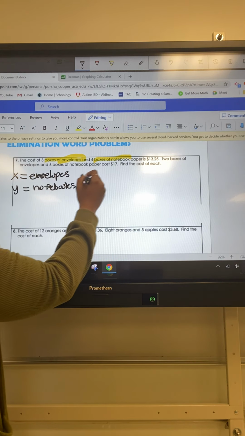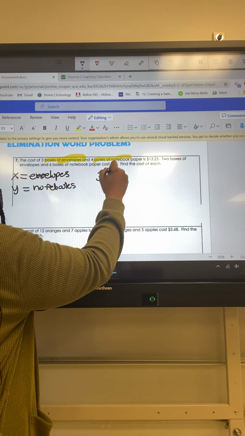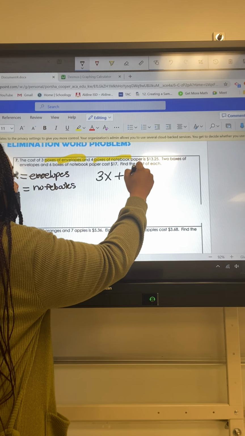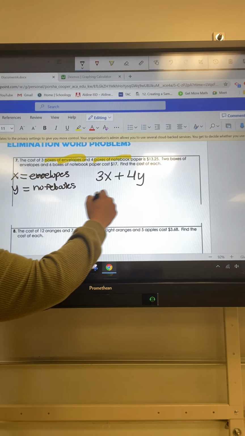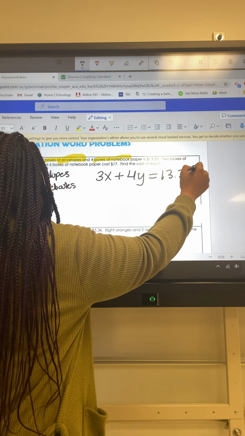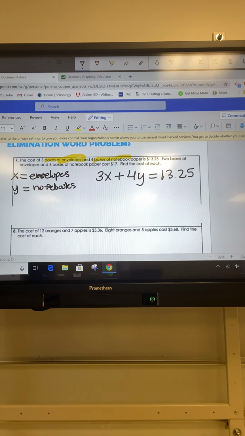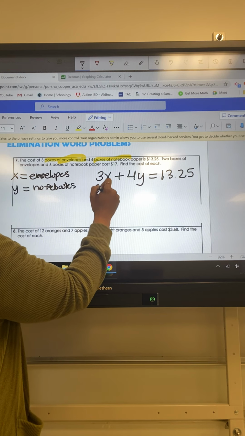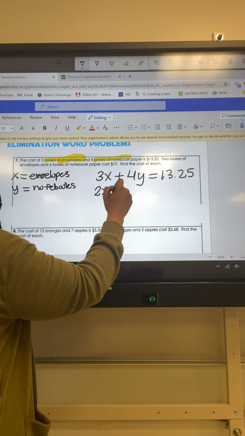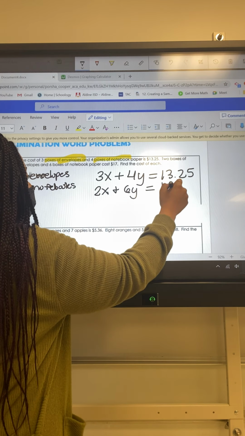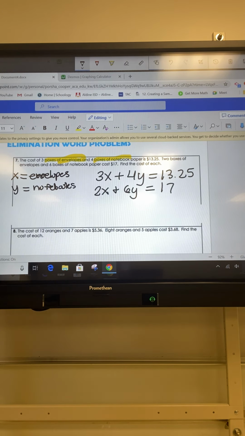So 3 envelopes, that's going to be 3x, and adding 4 boxes of notebooks is going to be $13.25. But if you buy 2 envelopes, so 2x, and 6 notebooks, then you're going to get 17. So now we have two equations that we have written.